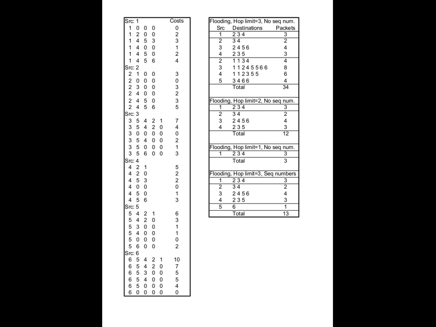If node 5 tells node 6, I have a path to node 1, and the cost of that path is 6, and that's the least cost path to node 1, then node 6 knows the cost of its path to node 1. It's 4 plus 6, 10.